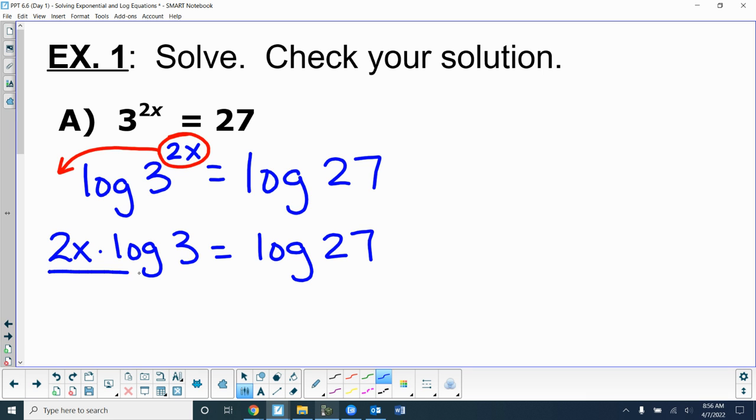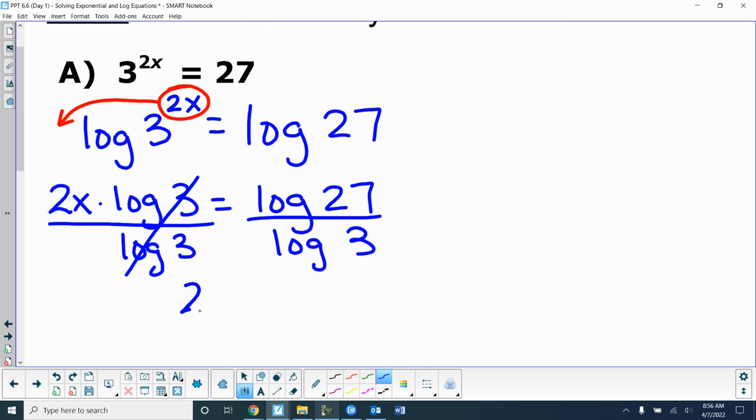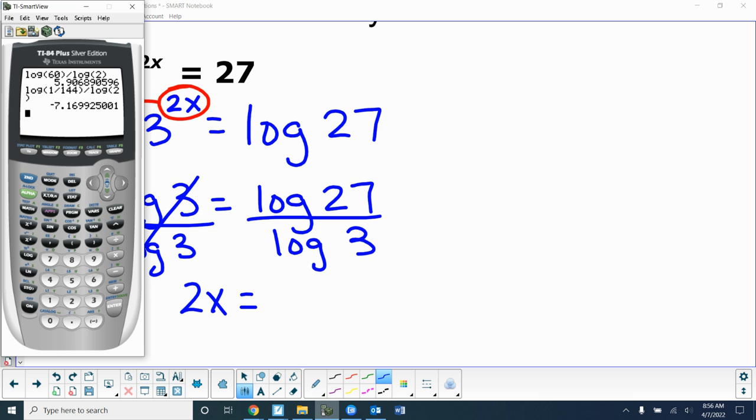So that's the next step. Divide log of 3 to both sides. Now on this side, what happens to both log of 3s? They cancel. That's gone. That's why we're moving it. So now I have 2x on the left, and on the right, log of 27 divided by log of 3.